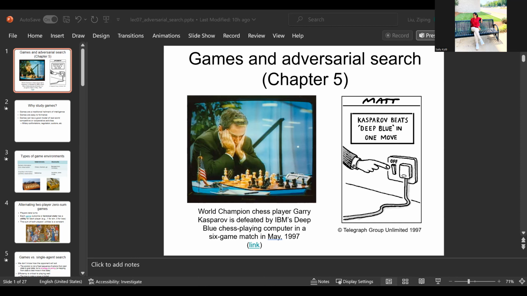When you move, your opponent will also do the optimal calculation for himself. So this is the concept of the minimax value of a node. It says the utility of being in the corresponding state, assuming perfect play on both sides. So both will make the perfect move.